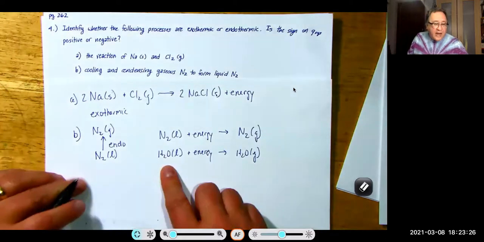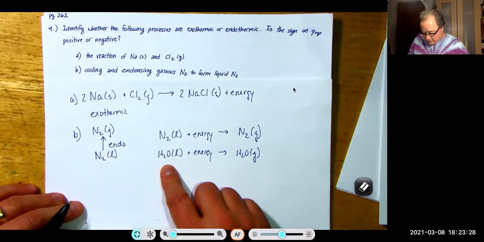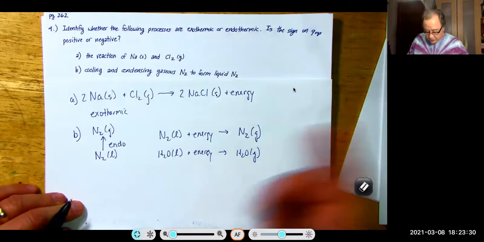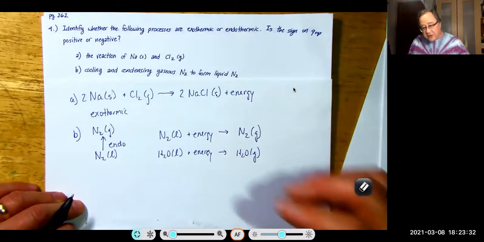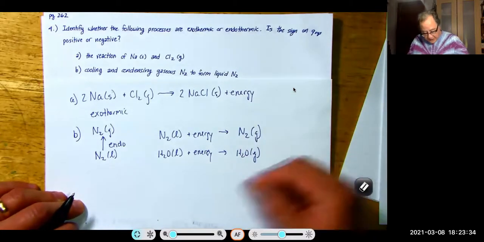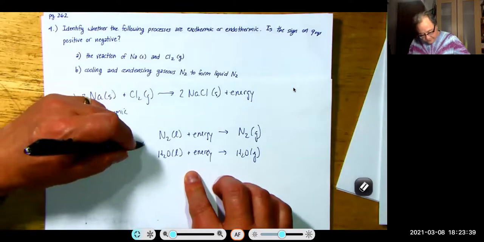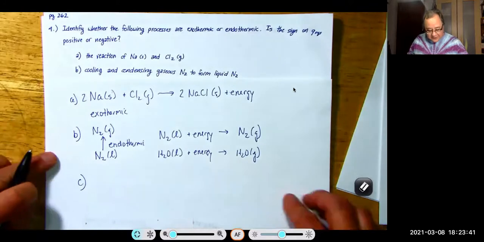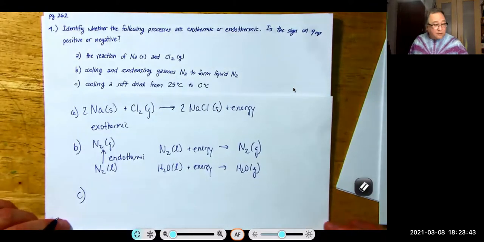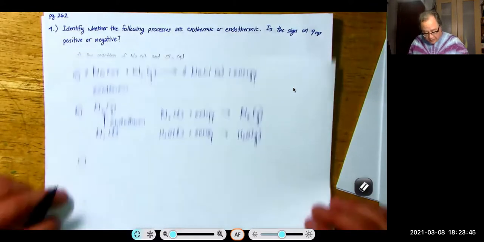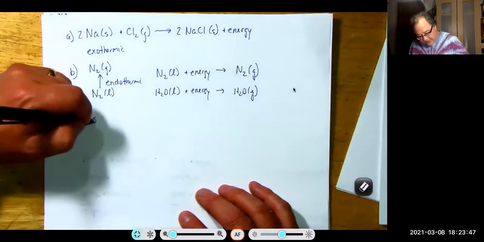Do you have to add energy to water to make it boil? And the answer is yeah. So it's the same for any liquid. To turn it into a gas, you have to have energy, so it's endothermic. Okay, letter C says cooling a soft drink from 25 to 0. So here is the same thing.